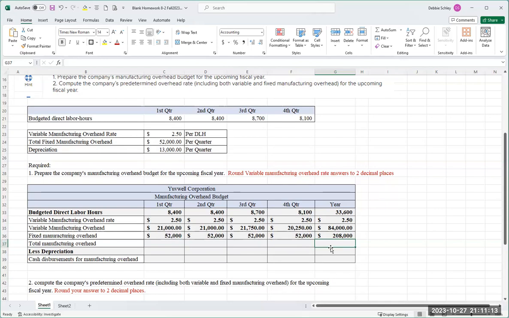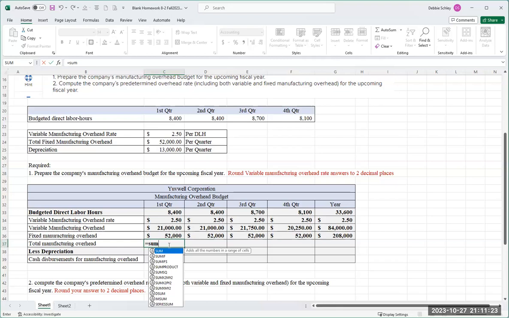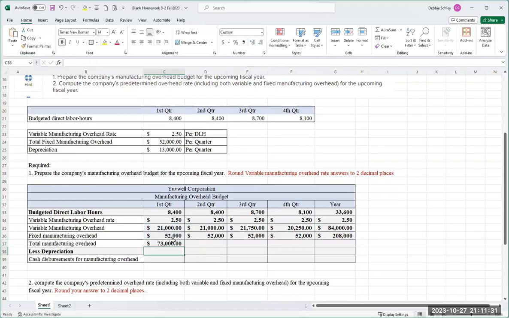Okay. Total manufacturing overhead will just be the addition of variable and fixed. Drag those across.